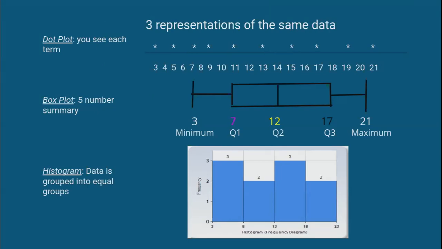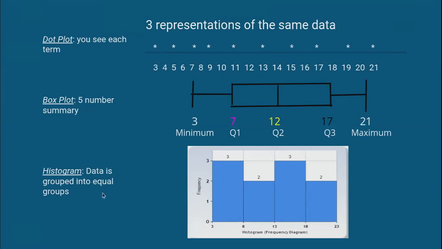Okay, so there is information that you can get from the box plot because it is a summary. And then lastly, the strength of a histogram is, one, it can handle large data, because the data is broken down into equal groups.